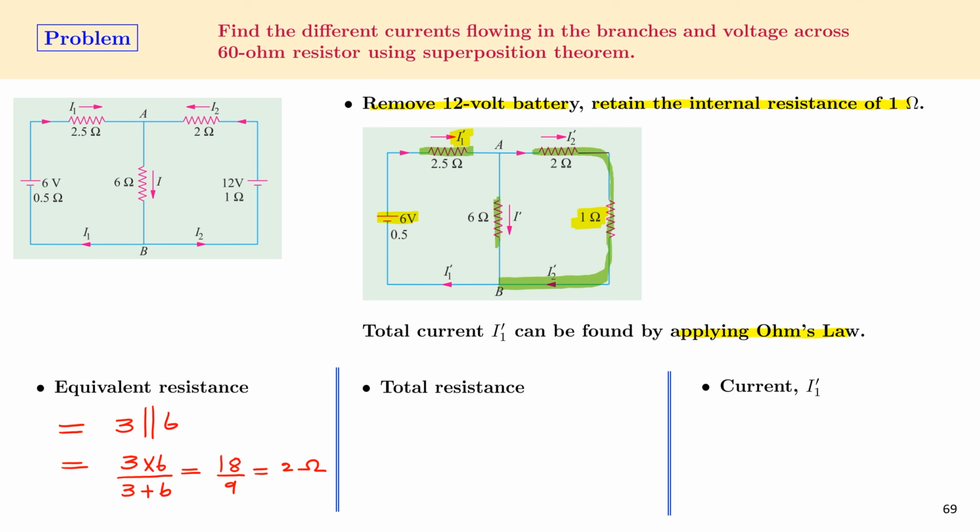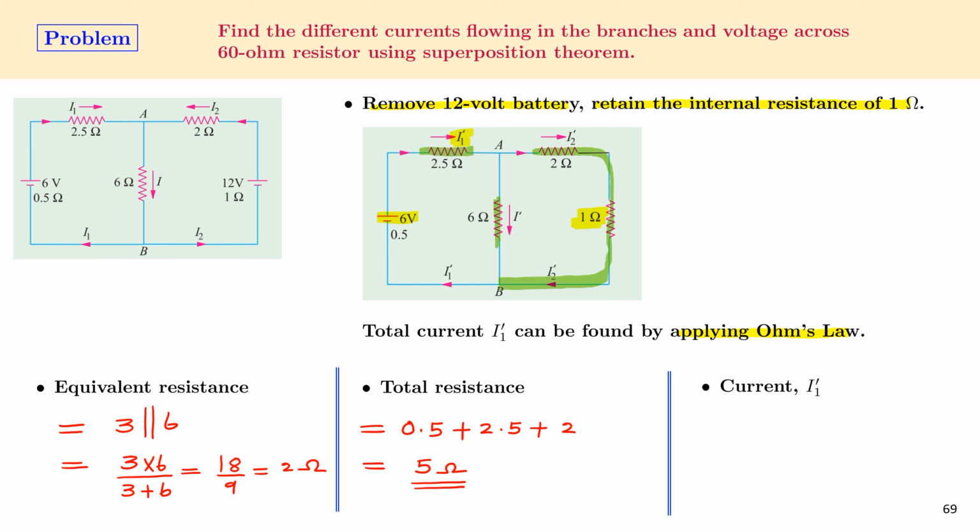The total resistance includes the internal resistance of the 6 volt power supply, that is 0.5, and then the resistor 2.5, which is in series with this 2 ohm resistor that we have just calculated. So the total resistance in the circuit turns out to be 5 ohms.